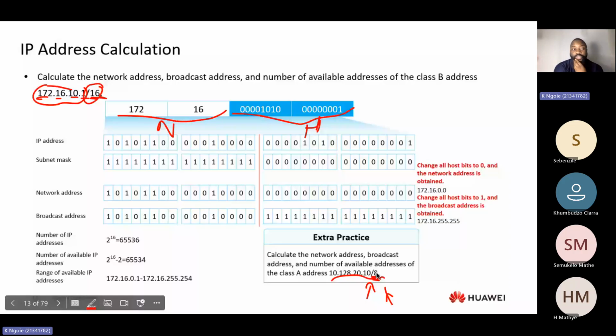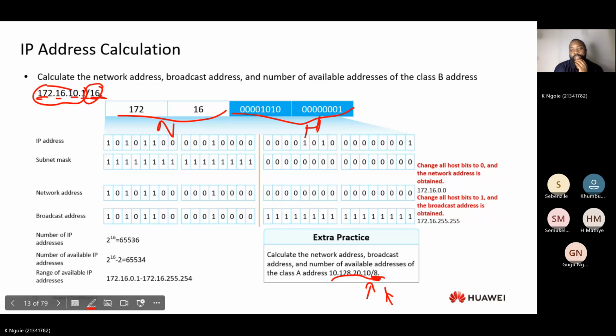So my question was, if in the first case we had 16 bits occupied by the network, we also had 16 bits occupied by the host. Now in the second case, how many bits will the host occupy if the network is occupying 8 bits? Is the question clear now, guys?